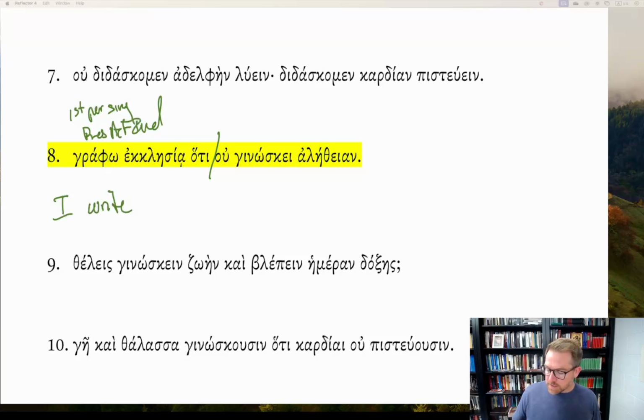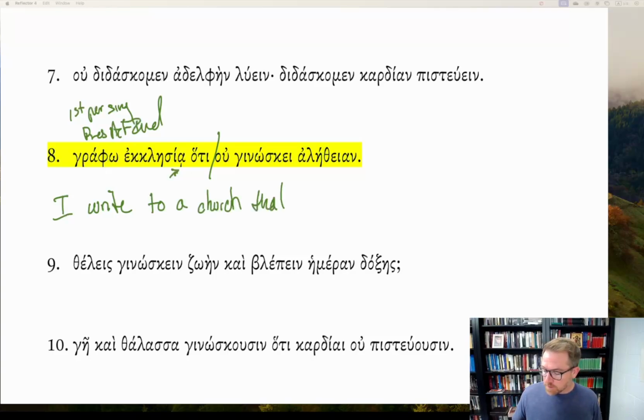Ekklesia, now notice this little iota subscript. That's a dead giveaway that when I see that iota subscript, I'm in what case? Nominative, genitive, dative, or accusative. The iota subscript tells me I'm looking at a dative noun. So I write to a church.